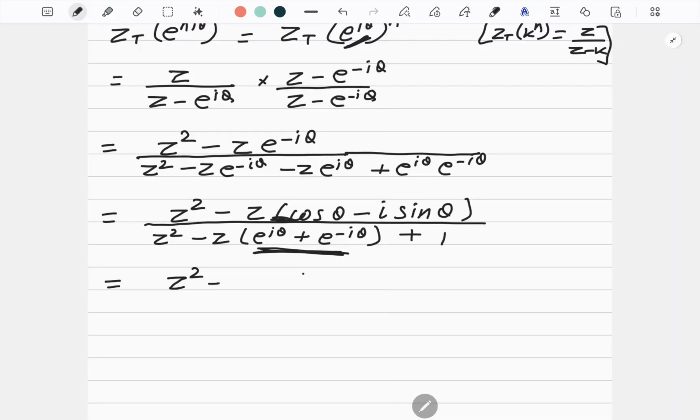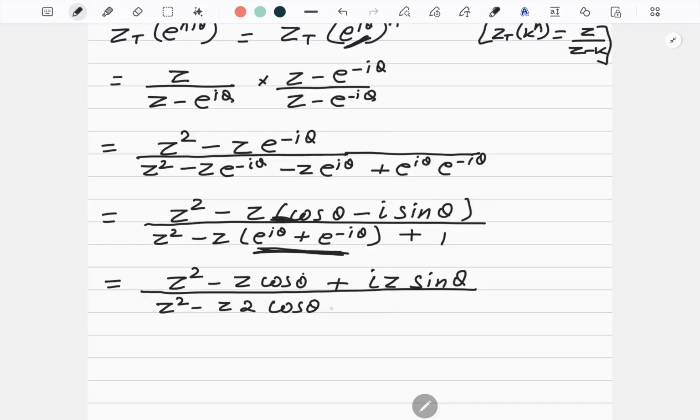z square minus z cos theta plus i z sin theta upon z square minus z 2 cos theta plus 1.